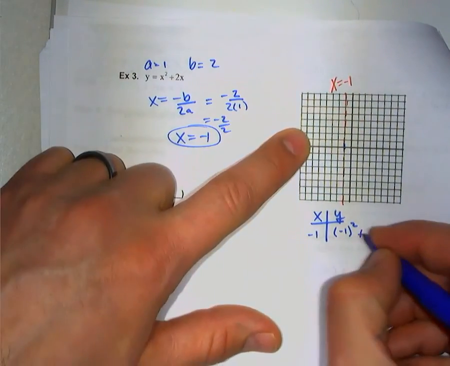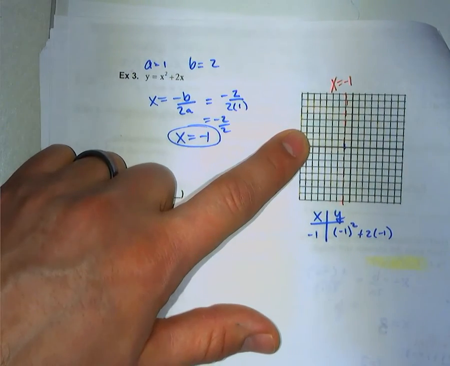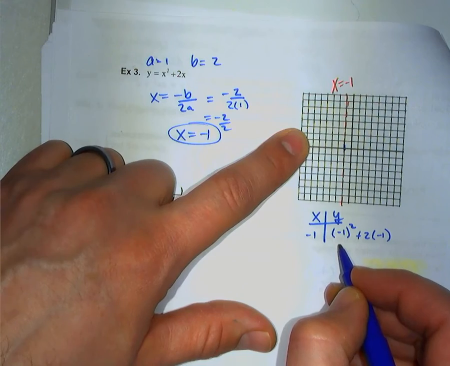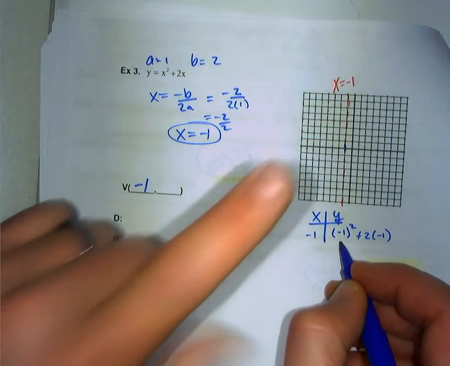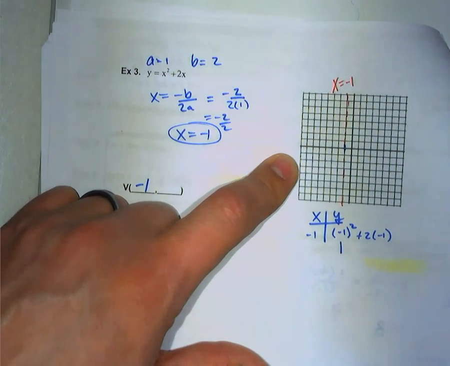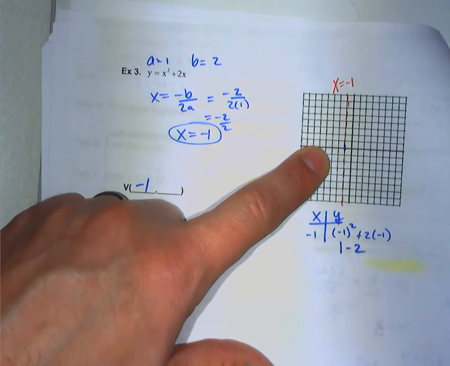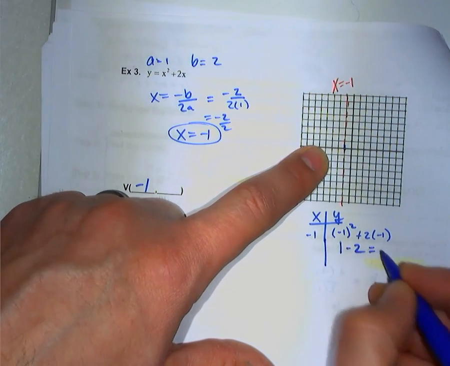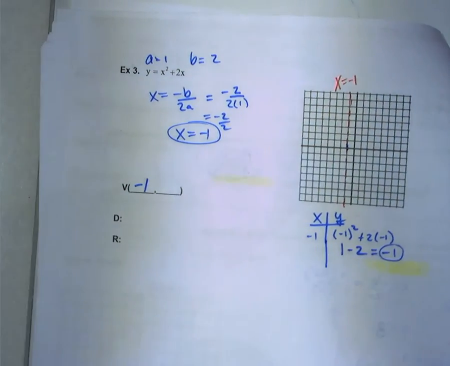And then I've got 2 times negative 1. What is negative 1 squared? Negative 1 times negative 1 is 1. 2 times negative 1 is negative 2. What's 1 minus 2? Negative 1. Is everyone okay with that?